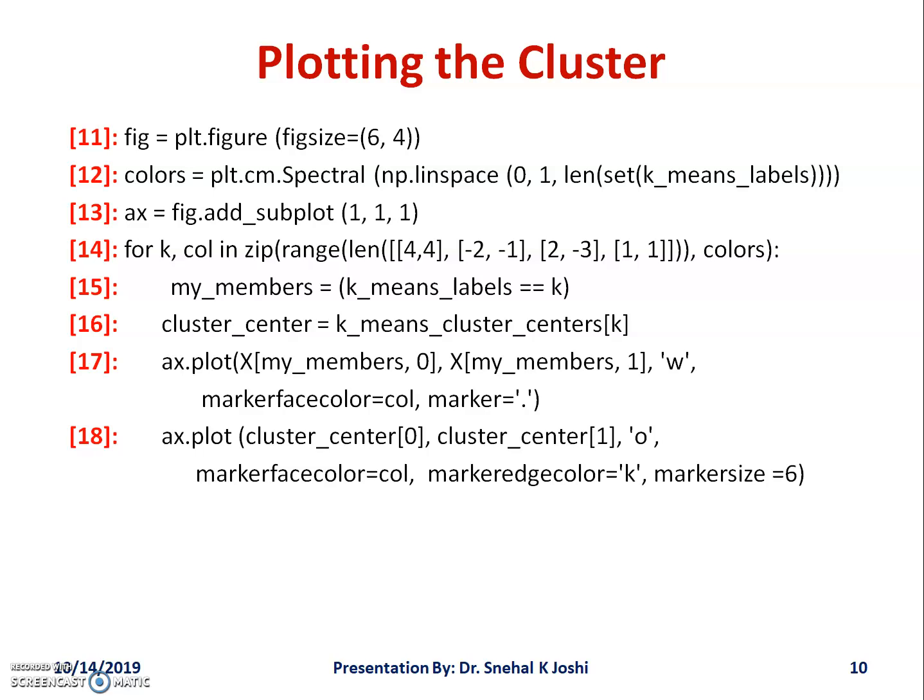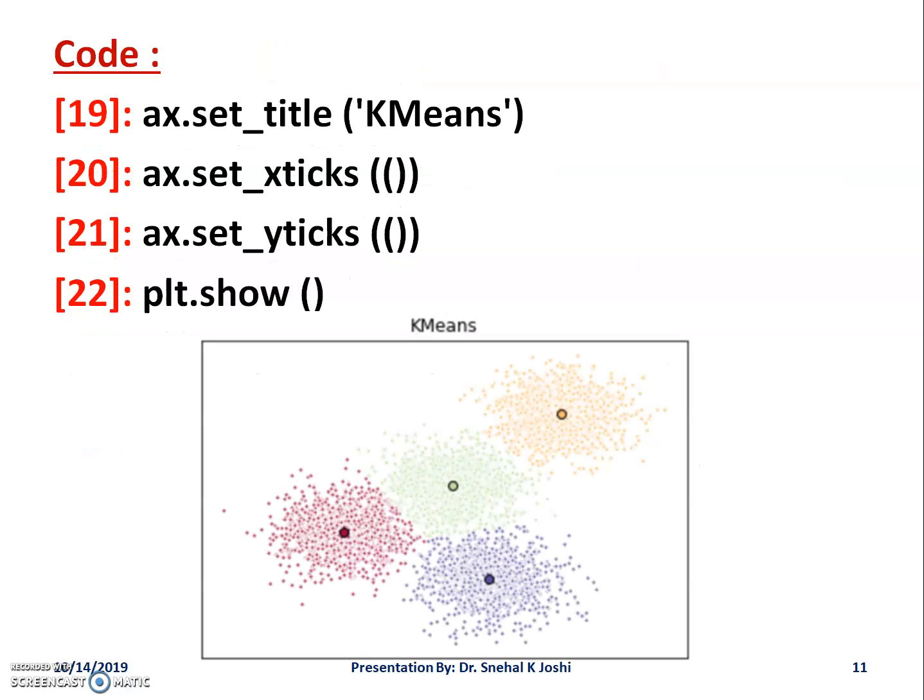As you can see in line 16, we define the centroid, which is the center of the individual clusters. Finally, we will plot the data points with the color having values in the variable, as shown in line 17, and also plot the centroid with a specified color which will have a darker outline as shown in line 18.